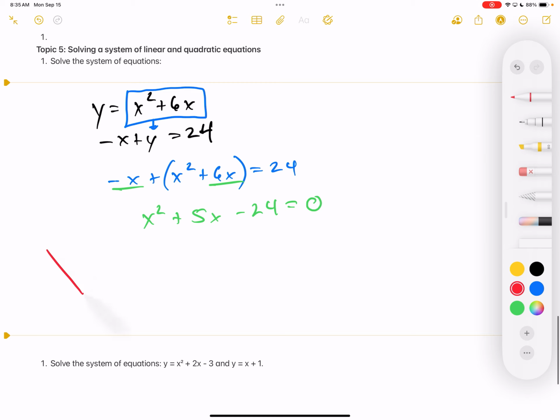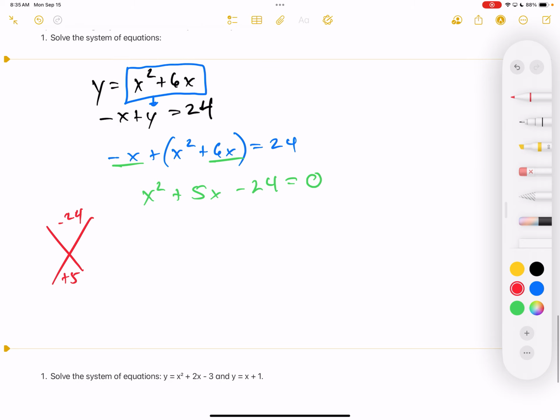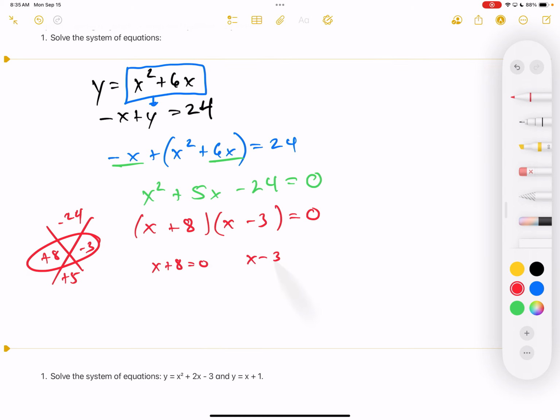So my factoring steps, what multiplies to be negative 24 and adds up to be 5? Positive 8, negative 3. So x times x is x squared, plus 8, minus 3. So now solve both of these by setting them equal to 0.